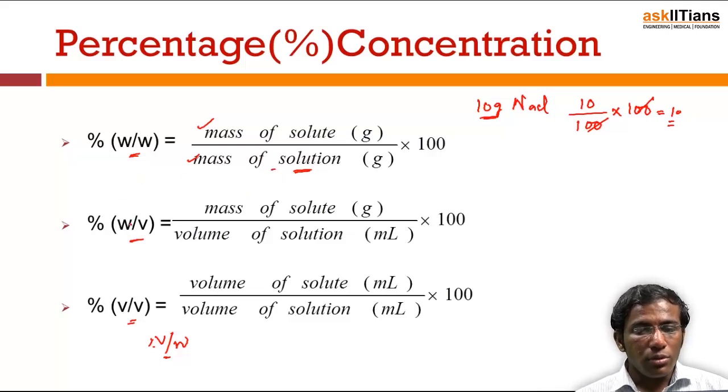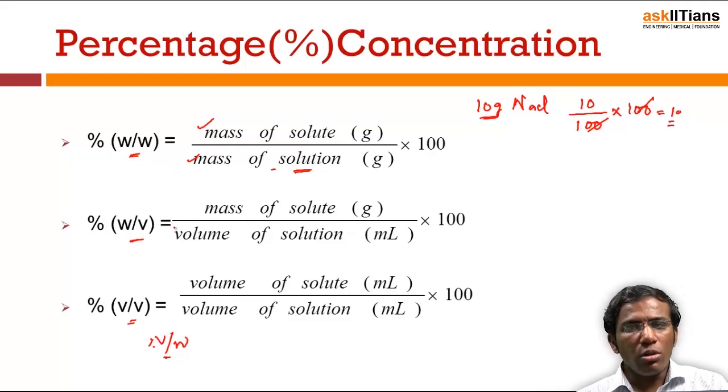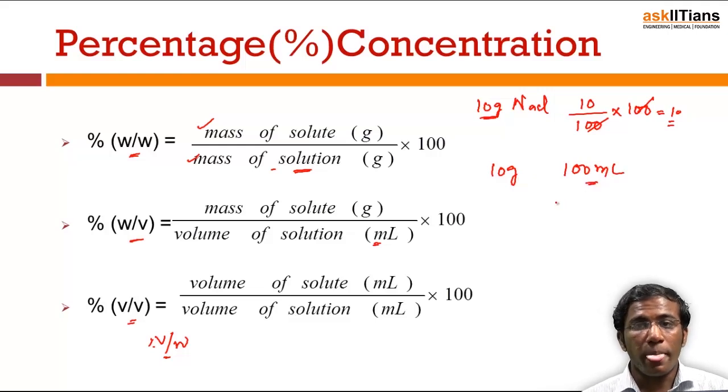And let's come to weight by volume. Here also you can easily understand the definition. The only thing is, this is weight by weight, so the mass of solute you will take, but instead of weight of the solution you will take the volume of the solution, that is in ml. So if I take 10 gram of NaCl and add it to 100 ml of the solution, what will be its weight by volume percentage?